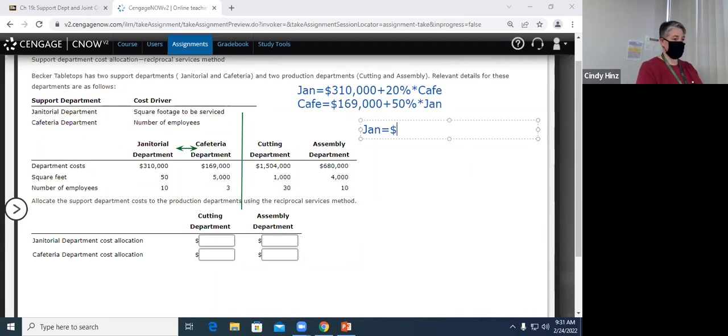So janitorial equals 310,000 plus 20%. And then we're going to plug in that second equation. Make sure you put it in parentheses, so you've got the whole quantity times the 20%.